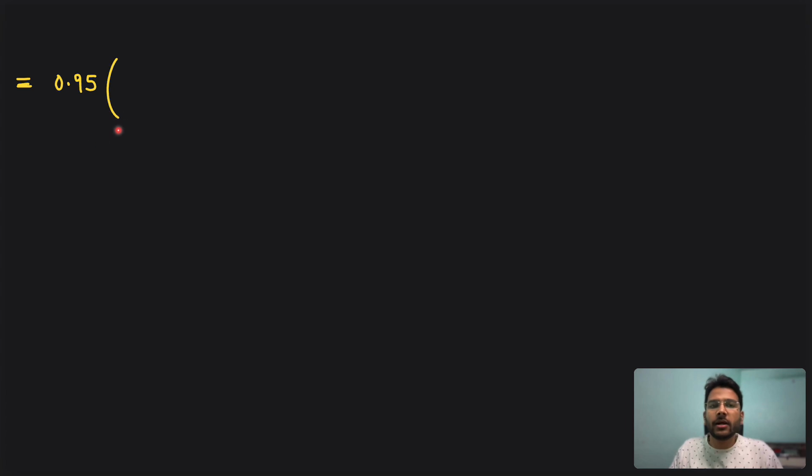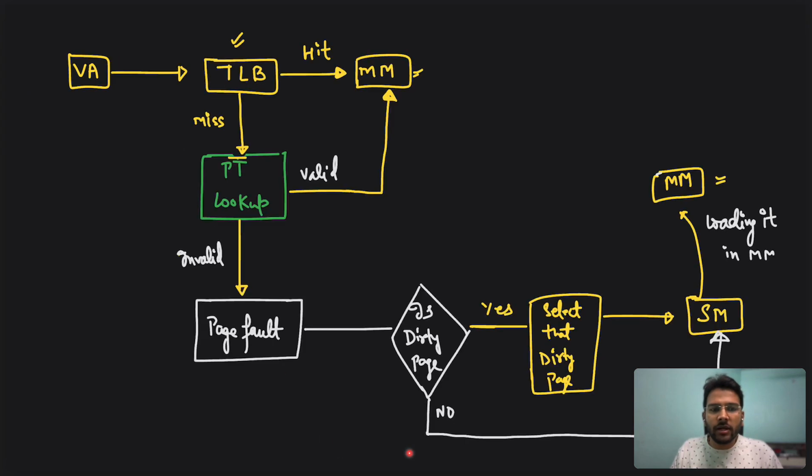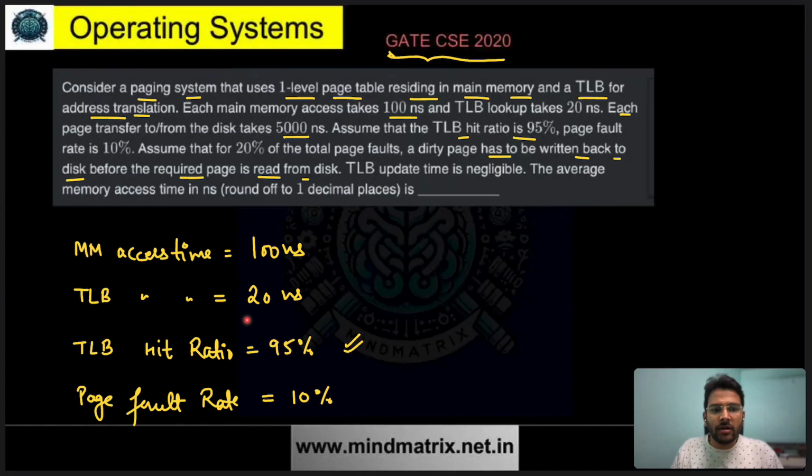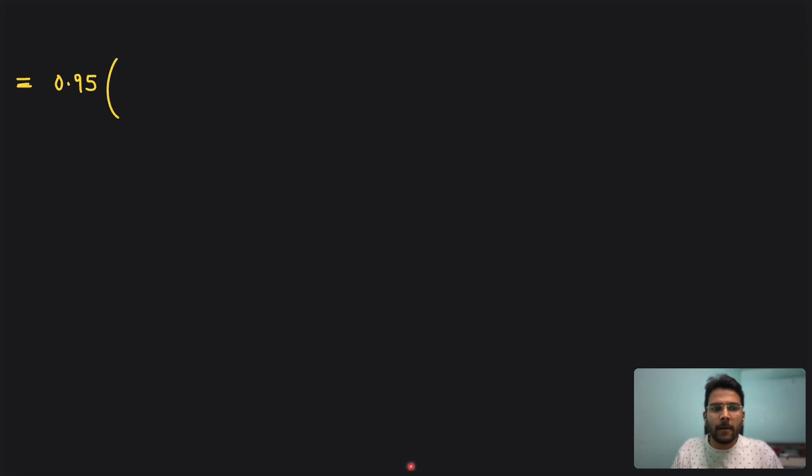If that is the TLB hit rate, that means we got the entry in the TLB. If I got the entry in the TLB, then TLB access time is 20 nanosecond. So can I say it is 20 nanosecond plus, then I have done the address translation from virtual address to physical address because I got the entry in the TLB, right? Translation is done.